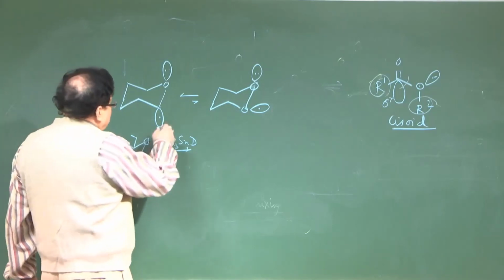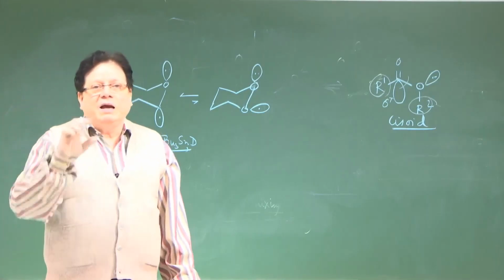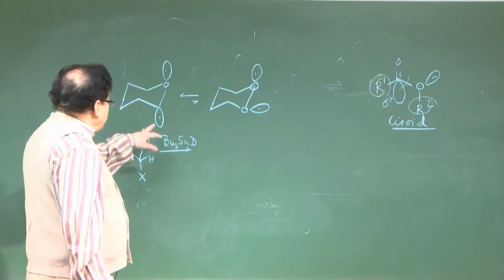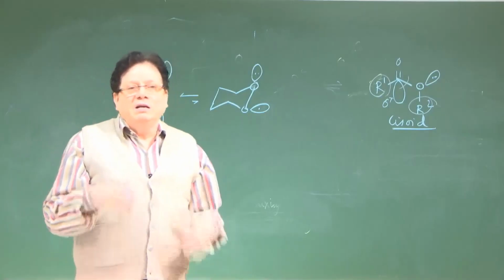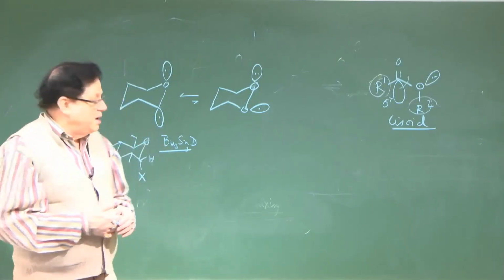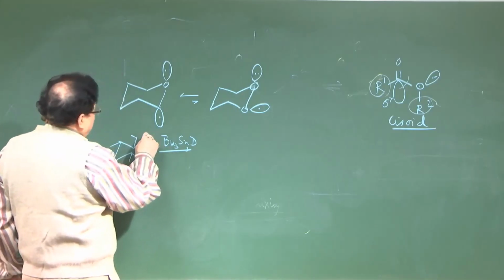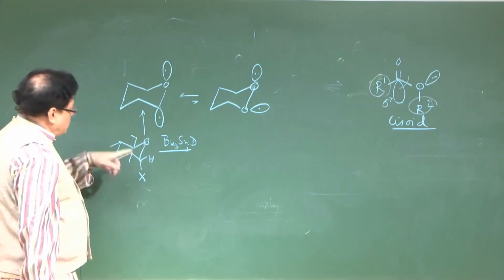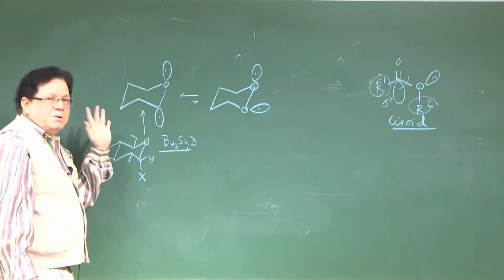However, since the intermediate for this reaction is a radical, and the radical can invert very easily, that means an axial radical can become an equatorial radical and then an axial radical again. It is just like your nitrogen pyramidal inversion. That is the same story here. So, when you generate the radical, because you have started with the axial one, it will first generate the axial radical and then start equilibrating between the two.